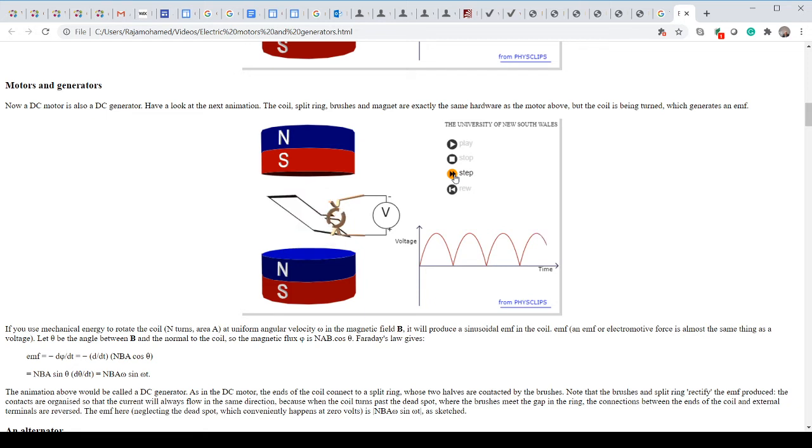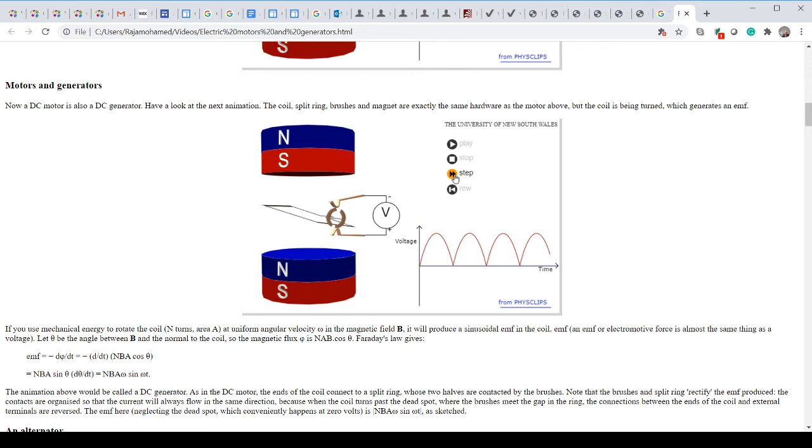Okay, and what the engineers and specialists said is that the split ring, brushes and magnets are exactly the same hardware as in a DC motor, but in the generator the coil is being turned, which generates an EMF.